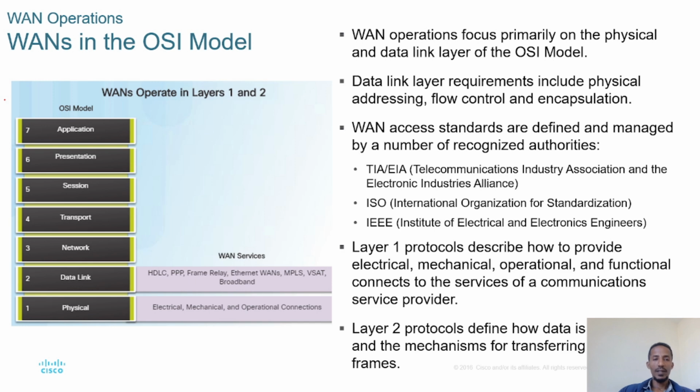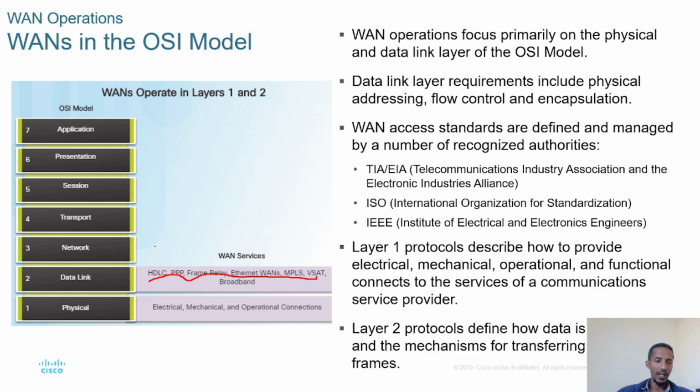Now let us talk about the OSI model. There are different protocols that are used by WANs. Usually the WAN protocols that we use are HDLC, PPP, Frame Relay, Metro Ethernet, and MPLS. These are the different types of protocols that we use at the WAN level.